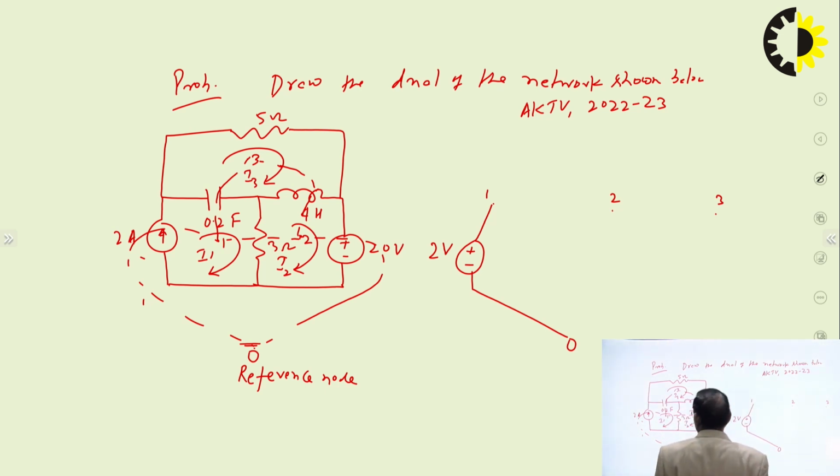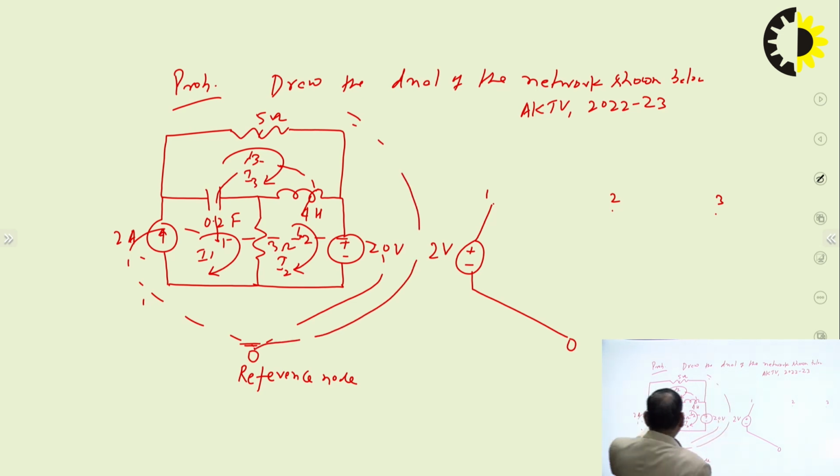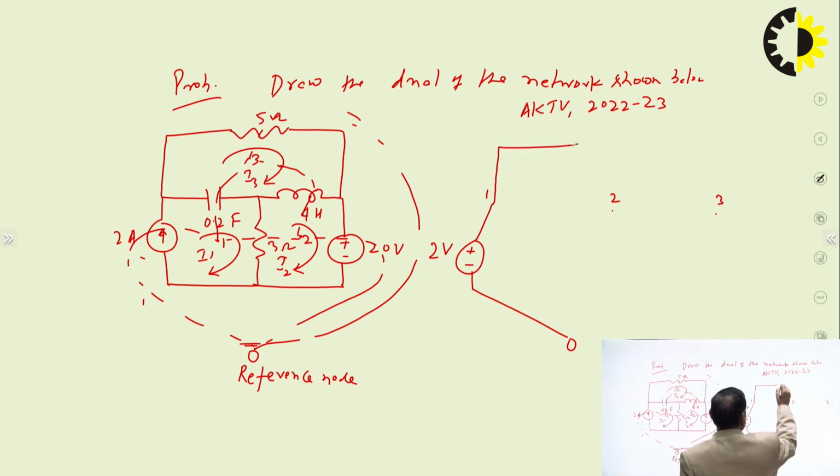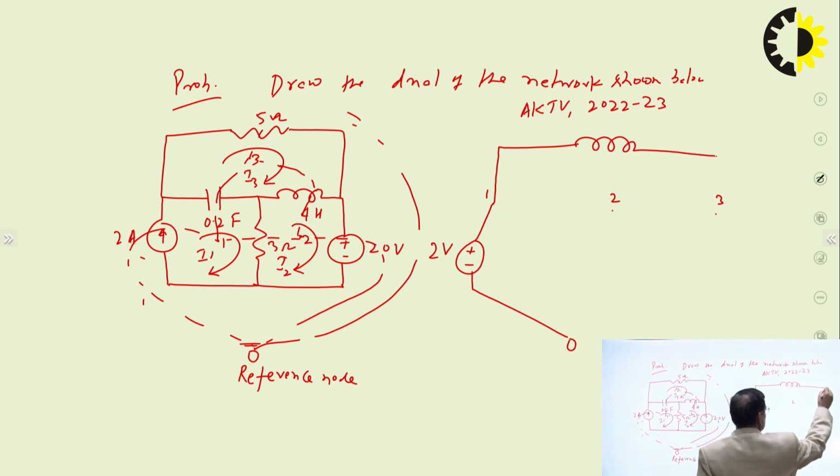Now, 0.2 farad is in between 1 and 3, so it will be like this, and it will be 0.2 henry.